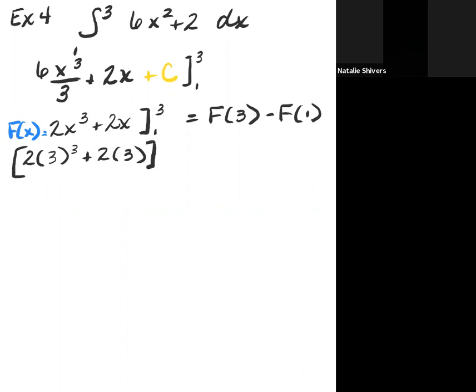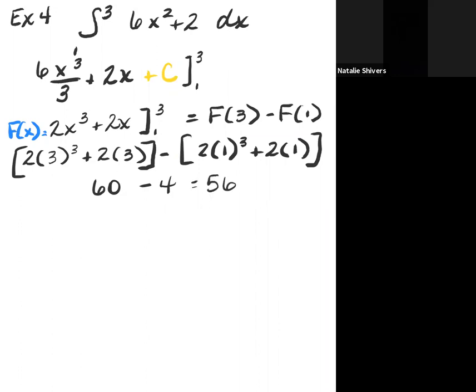And then I'm going to subtract 2 times 1 cubed plus 2 times 1. So when I do that, I get 60 out of the front parentheses, and I get 4 out of the back. And then I get 56. So I like to see you write out all the work where you put the 3's in, you put the 1's in, you give me the 2 numbers, and then I get the final answer. So I can backtrack if you make mistakes.